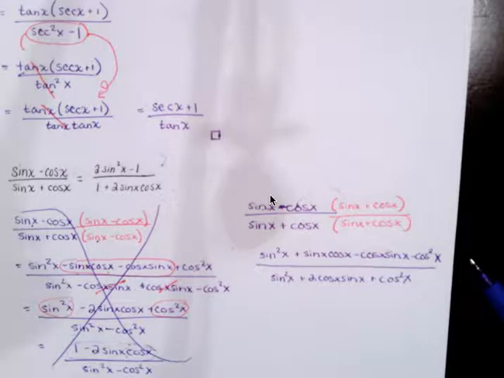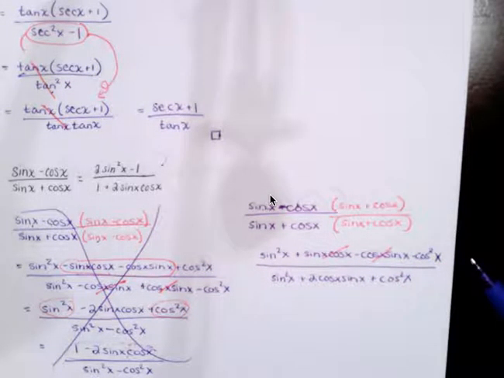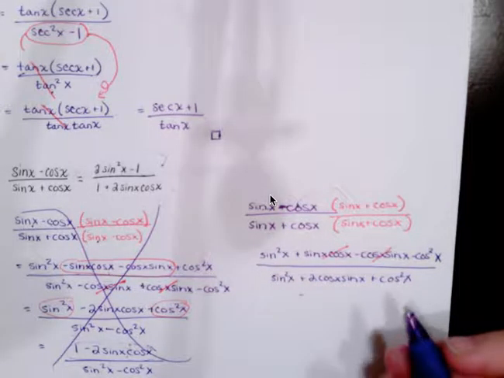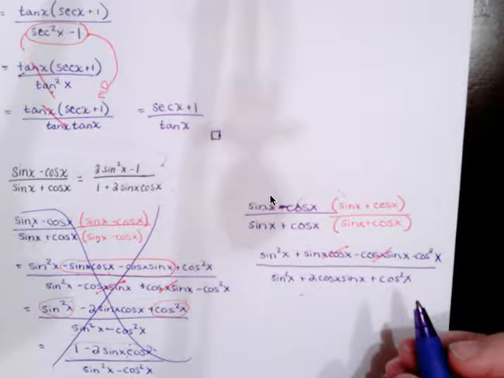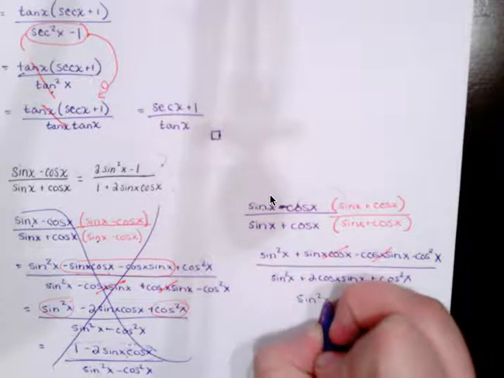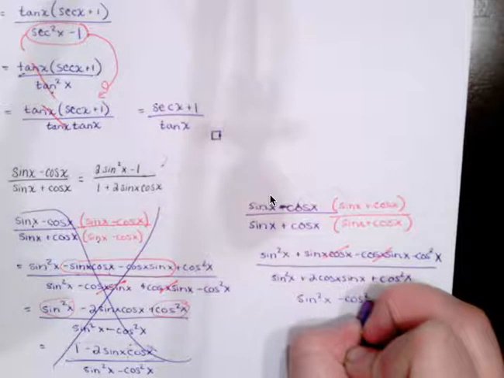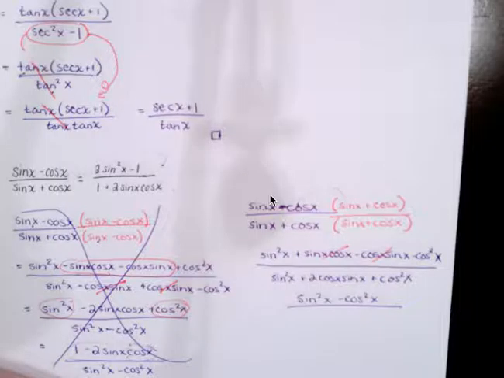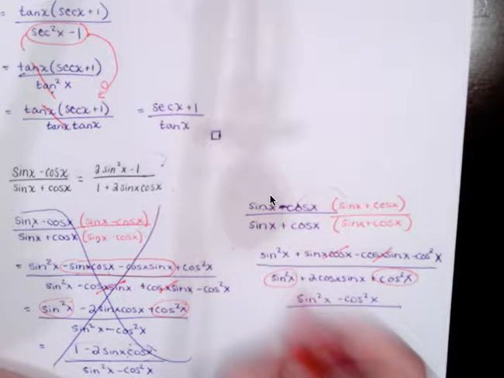Now on the top, these will cancel out. So we're left with sine squared x minus cosine squared x all over, and then these, that's a trig identity. That's 1.